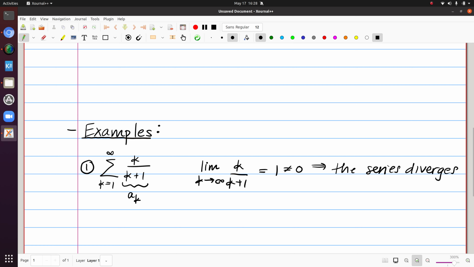One of the things I want to model here is what I expect from you in terms of your justification. As we continue, we're going to have several other tests, and anytime you make a conclusion about convergence or divergence, I want you to briefly state what you're using for that.